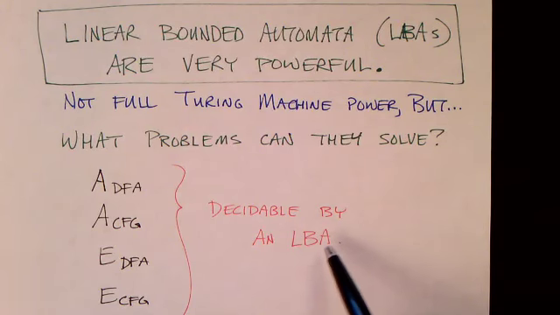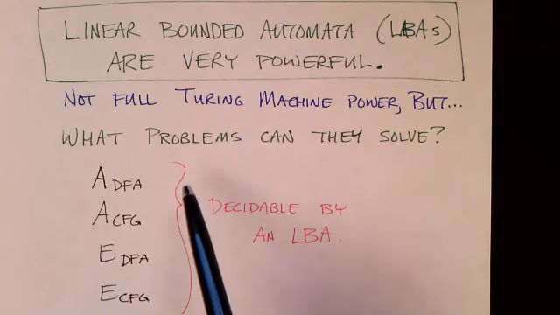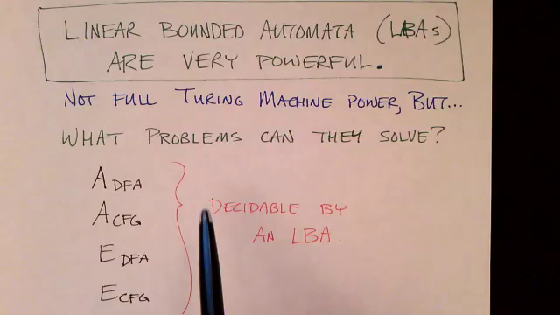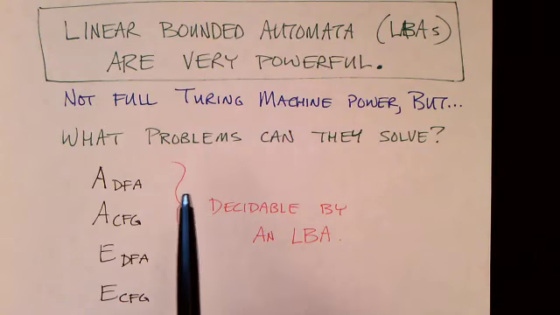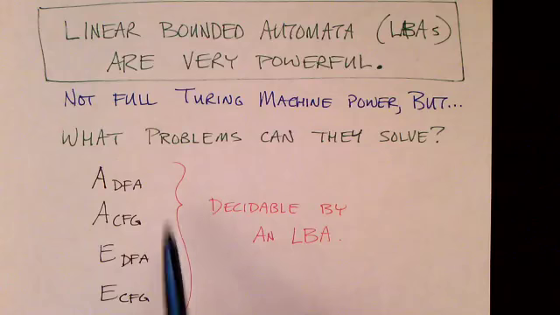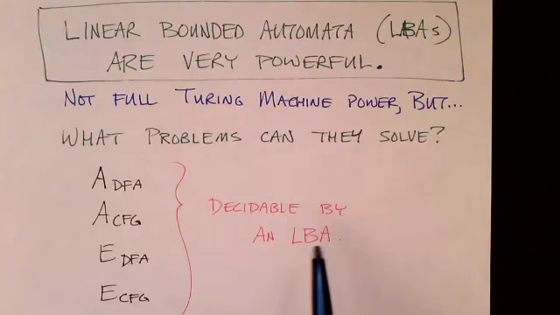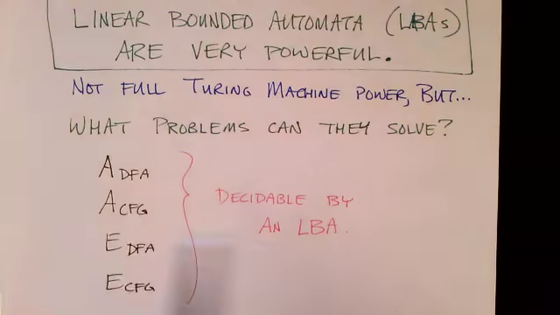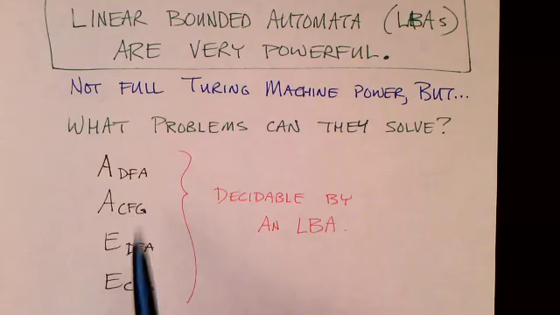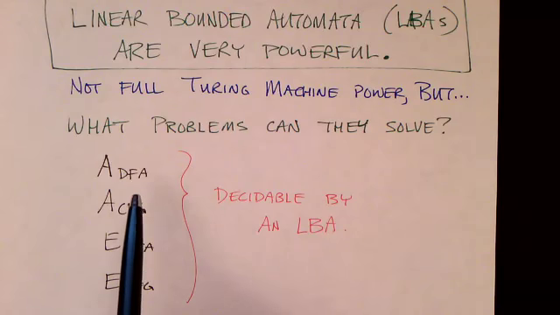I'm not going to present any proofs for these, but I'm just going to state, as a matter of fact, that these problems are decidable by a linear bounded automaton. So these are not requiring the full power of Turing machines to decide.